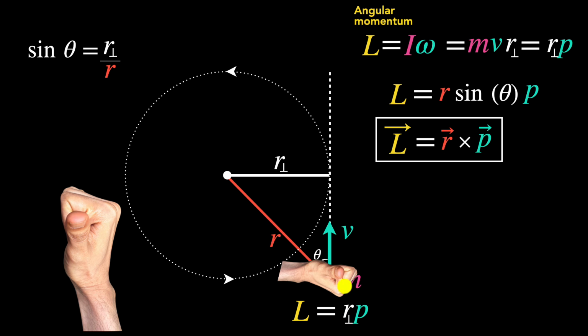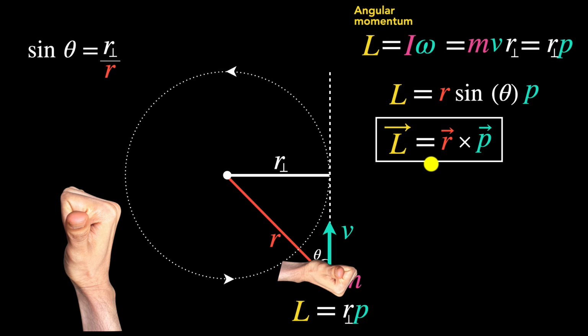And when you do that, the thumb represents the direction of the cross product. And notice that is in the same direction as the angular momentum. And so look, this also gives us the right direction, and that's why we write the angular momentum as a cross product. It's basically writing the same thing in a much more compact form. It encodes both the magnitude and the direction in it.